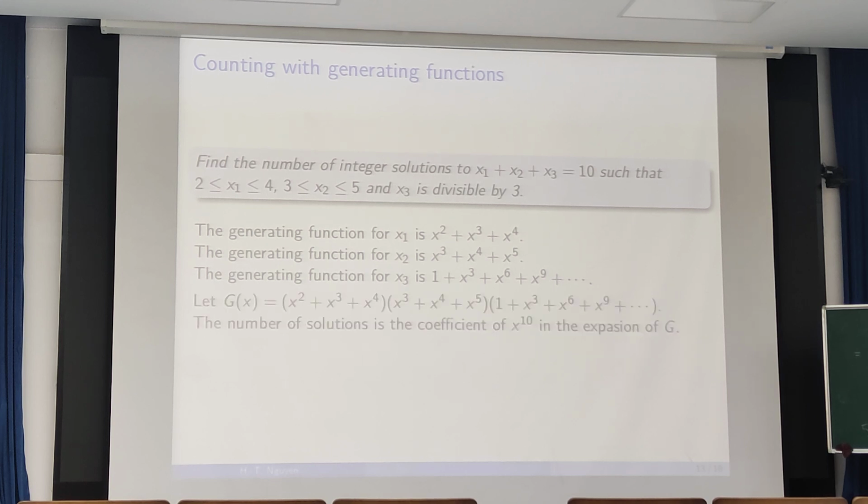Now our generating function has this form here, and it remains to find the coefficient of x to the power 10 in this product. Here you can put x squared and x cubed outside as a common factor, and the calculation will be simpler. After some calculations, you find that the coefficient of x to the power 10 in this expression is 10.